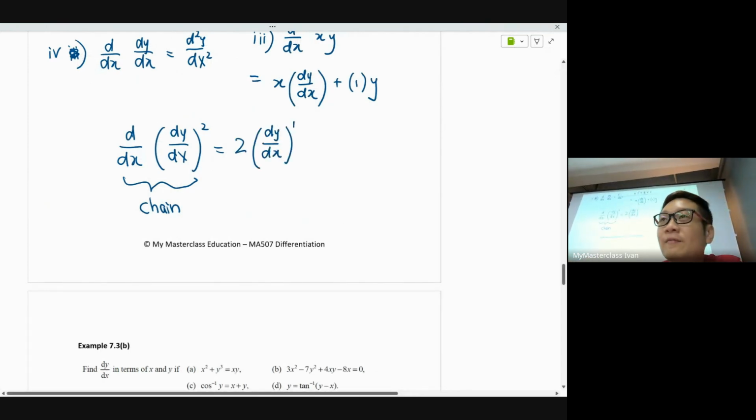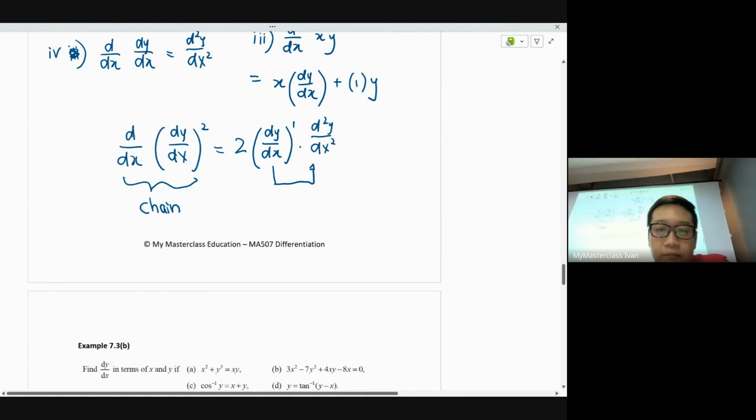But chain rule means what? Still got one more step. Differentiate the inside, differentiate dy dx. It becomes d2y over dx squared.